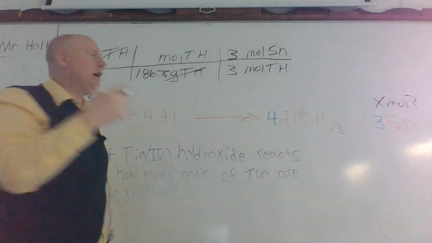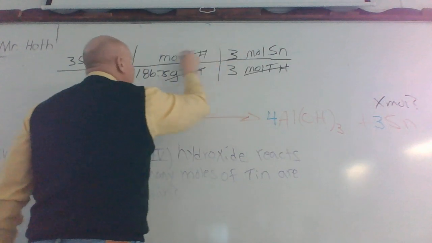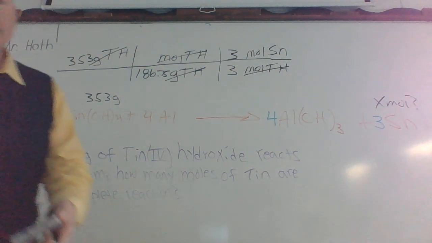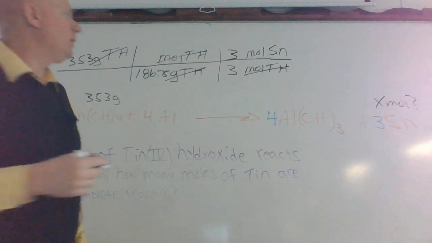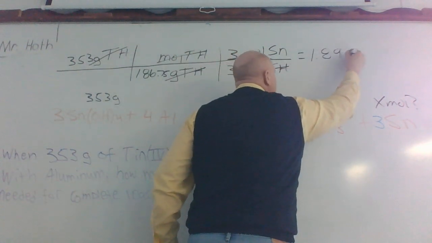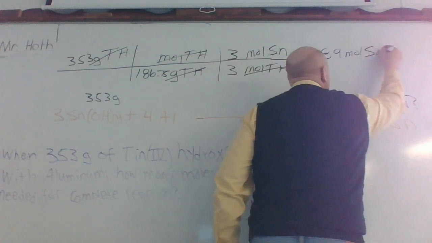So sometimes it does work out. Okay. So 353 times, or we don't even have to do that. We can divide by 186. 1.89. Is that what we get? 1.89. Okay.